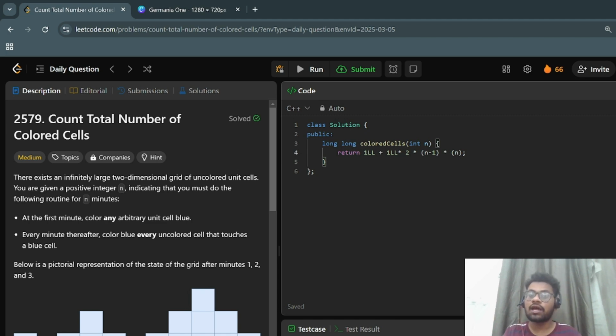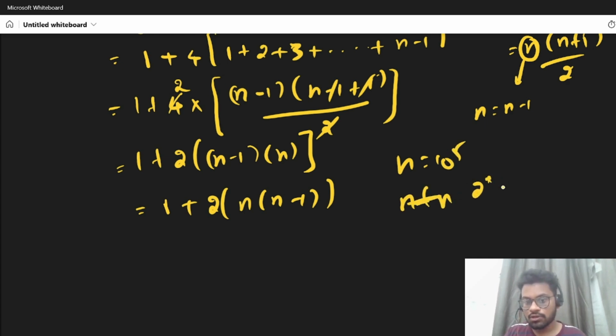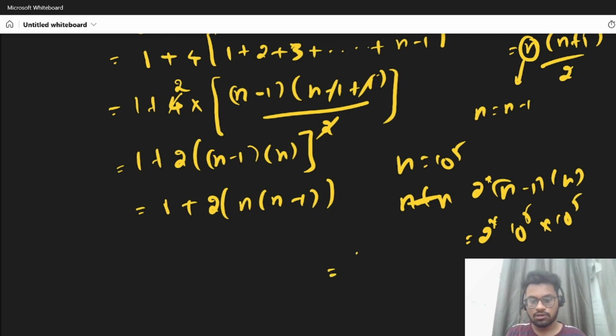Suppose n is 10 power 5: 2 into 10 power 5 into 10 power 5 is 2 into 10 power 10, which an integer cannot hold.